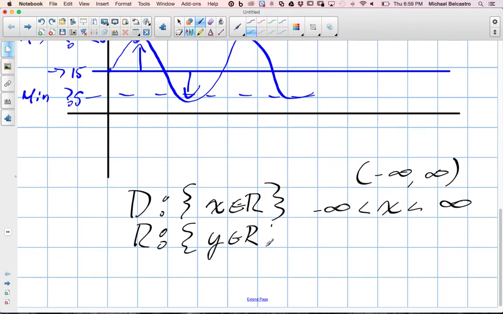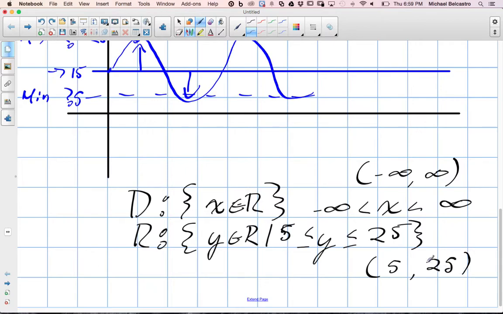This is a common style: y such that y is less than or equal to 25 and greater than or equal to 5. Maybe you guys would do square bracket 5 to square bracket 25. Instead of the curved bracket, it's just the square one. Okay, simple.